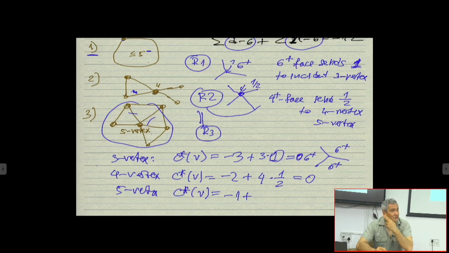That means at least 2 faces of size 4 plus, so it will be at least 0.